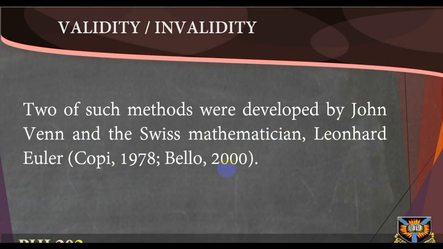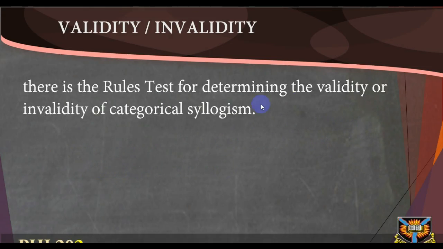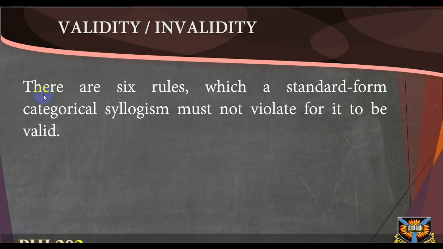Finally, there is the rules test for determining the validity or invalidity of categorical syllogism. Our main concern in this lecture is with this latest method, that is, the rules test.